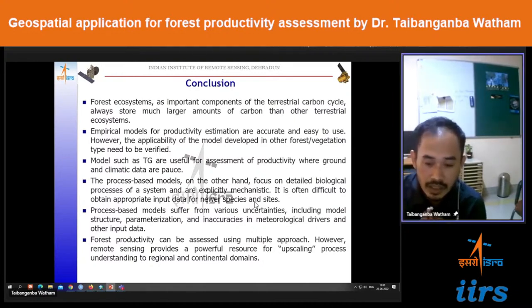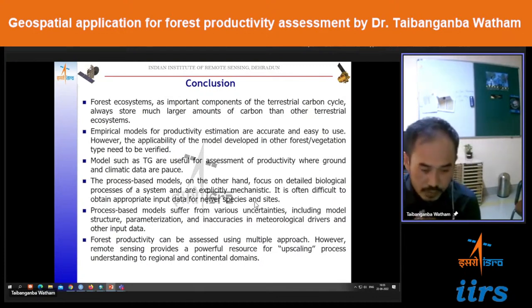But overall, when you have to do forest productivity assessment or estimation for a geographical area or on a larger scale, we need not only remote sensing data but also geospatial techniques, because whatever climatic data we are going to give as an input is always going to be in a geospatial data format. So how we handle all those geospatial data formats, and how we can convert from one format to another, are always needed when we go for large scale forest productivity estimation.